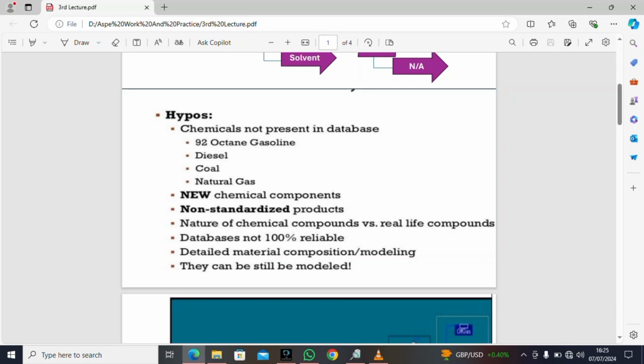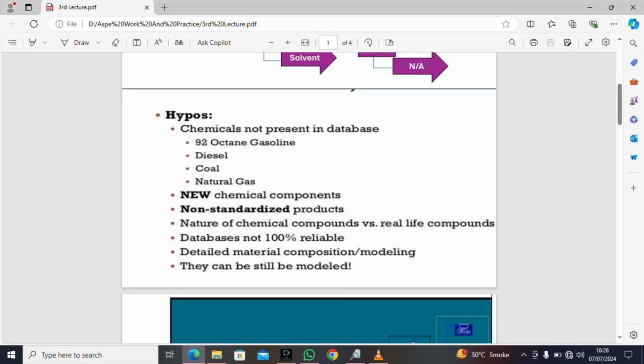Or take natural gas, which varies a lot; we know it is mostly methane. But if you want to model your own unique natural gas, that is why we use hypothetical compounds. They can be used to model these substances, whether they are new or non-standardized products, and still we can work with them.